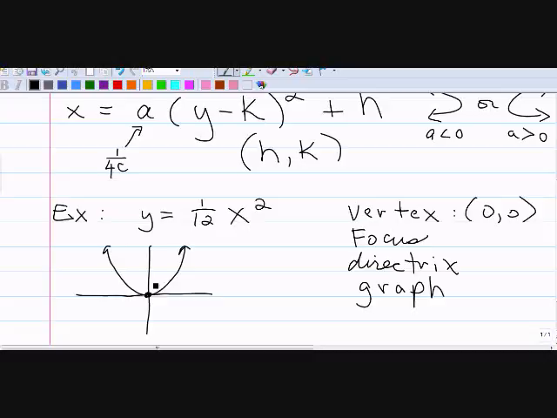My focus sits on the same vertical line as the vertex, some distance away, and I haven't figured out what that distance is yet. And my directrix is going to be, in this case, a horizontal line that's the same distance away from the vertex as the focus was.